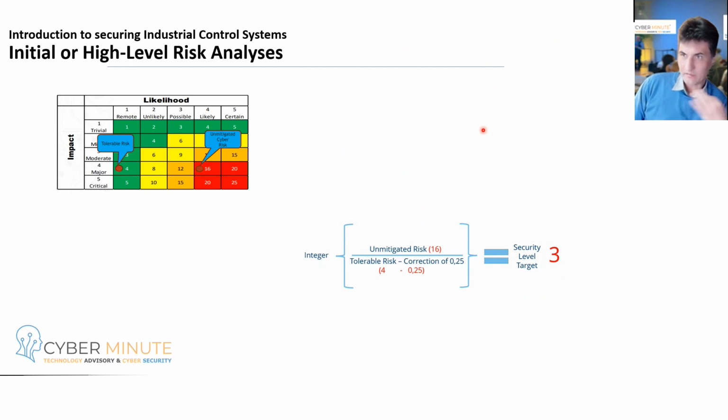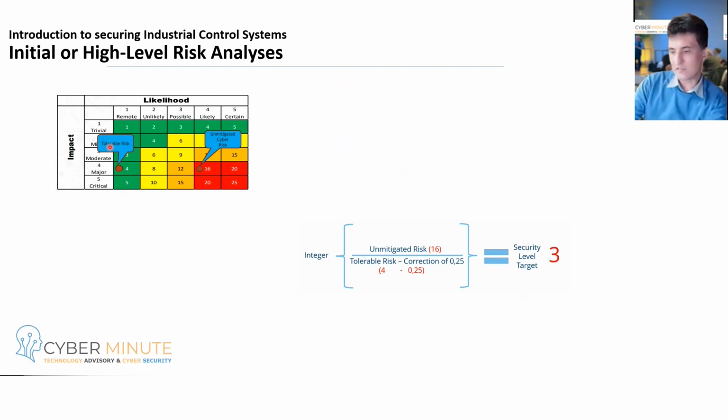Now, assuming that we have done our initial or high level risk analysis, it doesn't really matter, we'll get this typical table of likelihood and impacts. We will have an unmitigated risk, and we will have set at some point in time our risk tolerance. We'll have a tolerable risk. Why am I showing this?